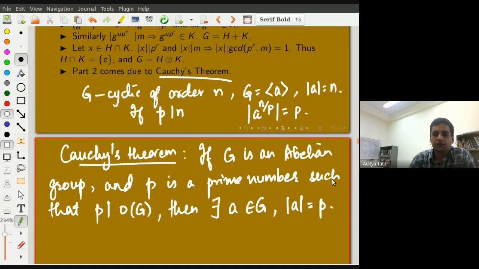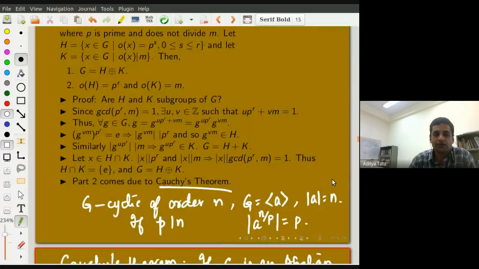So, if you have understood this result, can you try to think why the order of H should be p to the power r and the order of K be m?